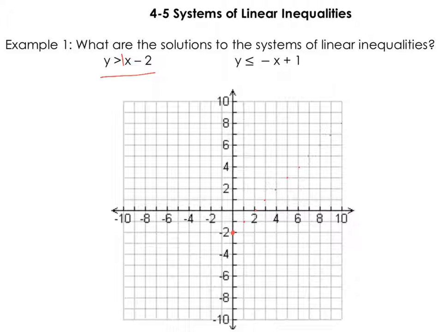Now remember, we have to be careful when we're drawing our lines with inequalities. So before I do that, let's go the opposite direction and go down 1, left 1, as far as I possibly can go. So once I have that, I need to remember that since it is just greater than, it's not equal to, I'm going to need a dashed or dotted line.